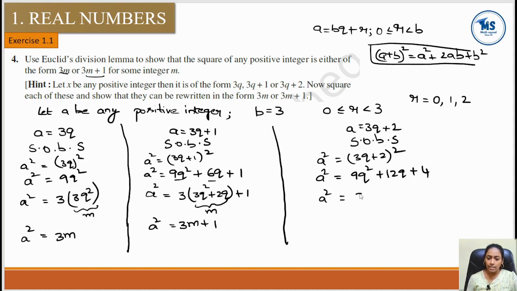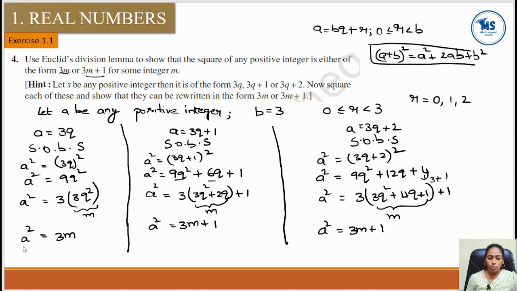Here also I'll take 3 in common. Then you will have 3 times 3q square plus 4q, plus 4. Here I can write 4 as 3 plus 1, no? So taking 3 common, I get 3 times q square plus 4q plus 1 and the leftover 1. Take the bracket as m. Since it is an integer, a square is equal to 3m plus 1.